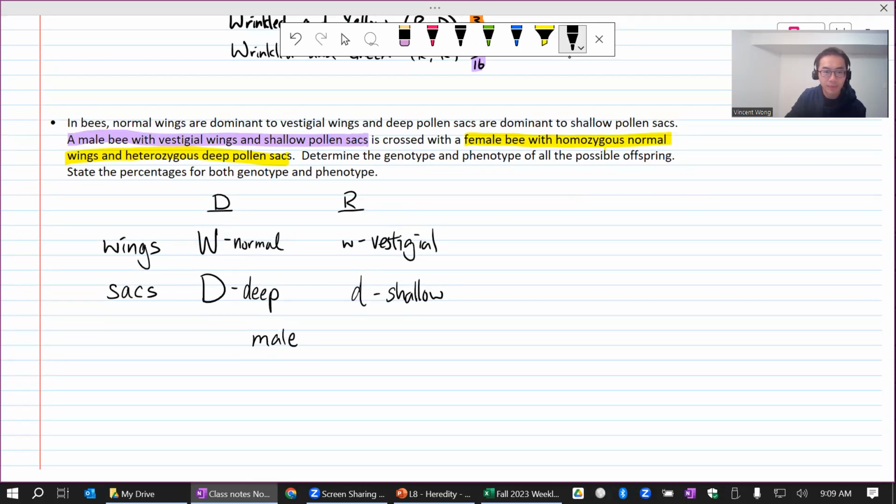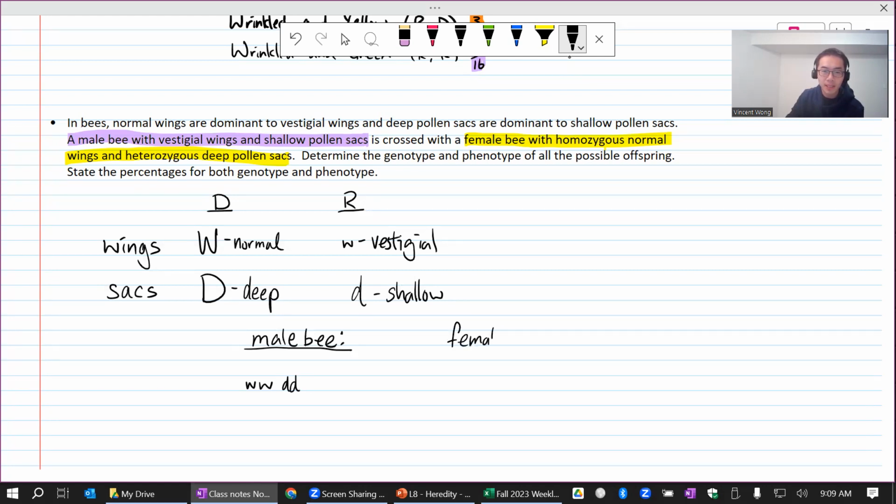Male bee: vestigial wings has to be little w, little w. Shallow pollen sac has to be small d, small d. That's the male bee.